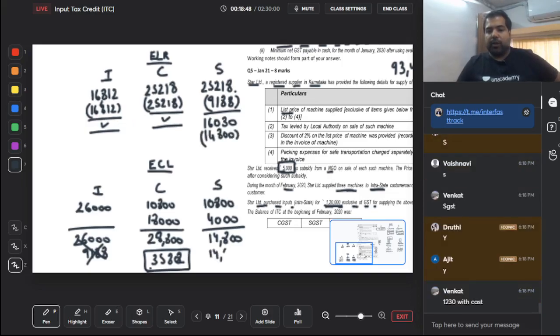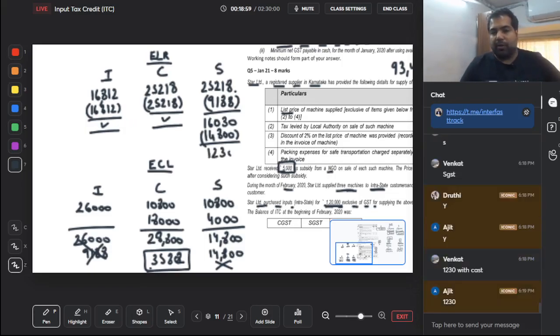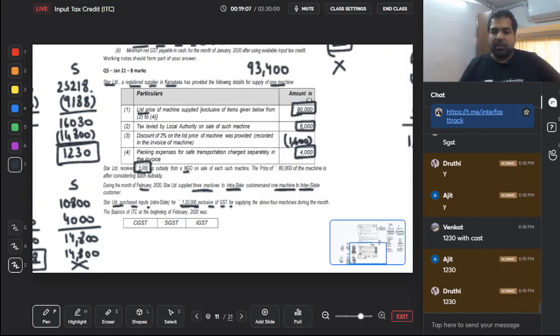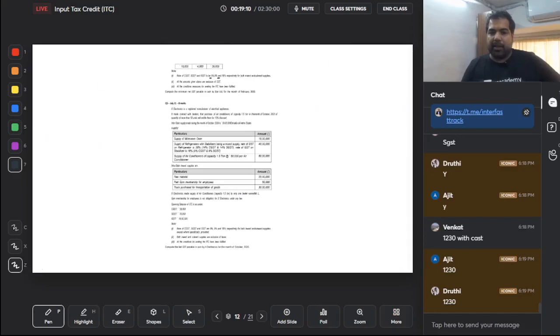This is over. So the balance 16,030 minus 14,800, this 1,230 you'll have to pay in cash. So that's your answer, guys. SGST in cash 1,230 and 3,582 will be carried forward. That's your answer. That's your 8 marks again in your pocket.